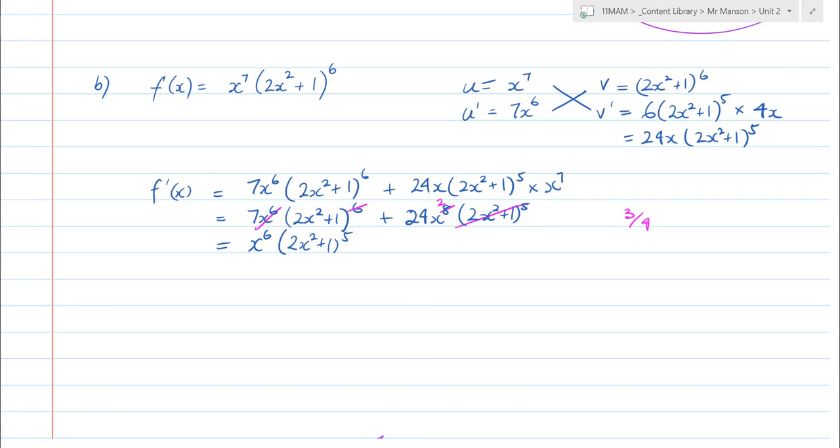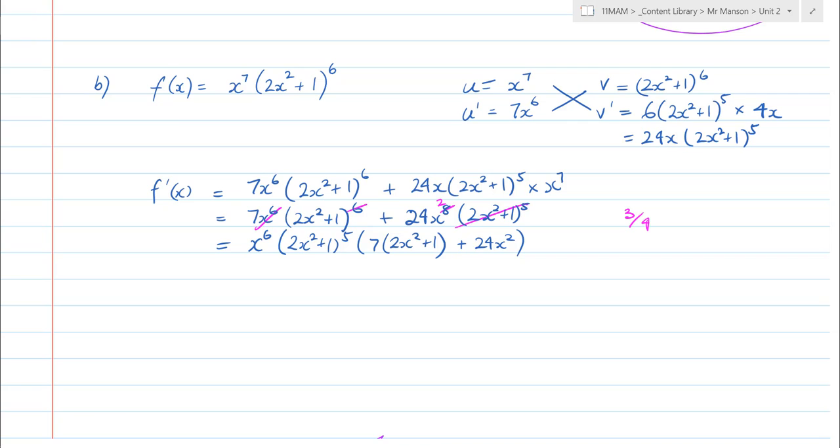So what have I got left? I've got a 7, and I've got 2x squared plus 1. And in the second term, I've got plus 24x squared. Now, have a look at this and go, that is definitely worth expanding this bracket and simplifying.